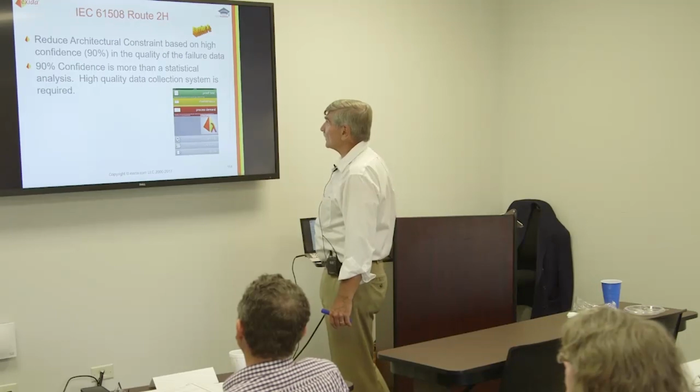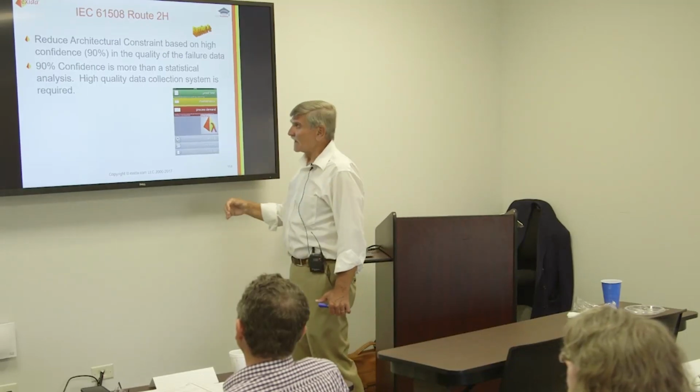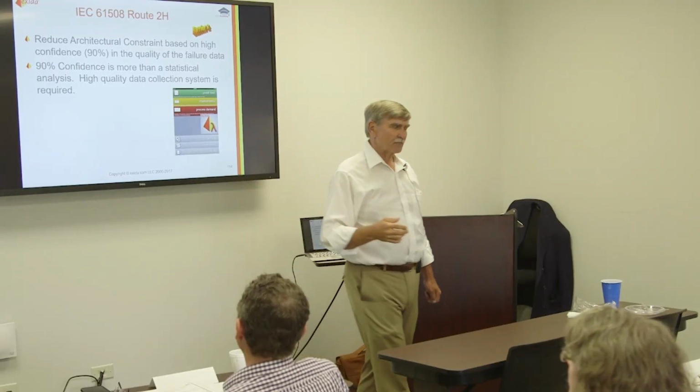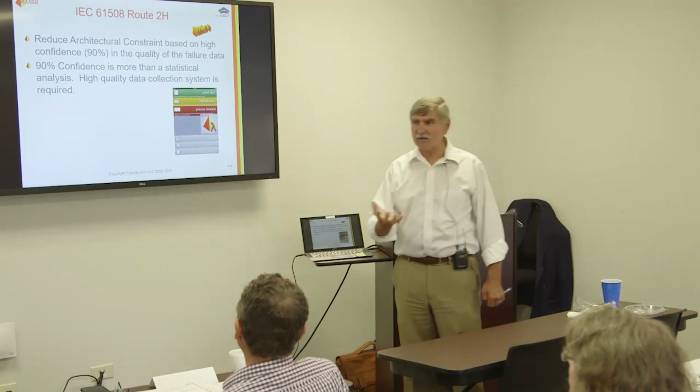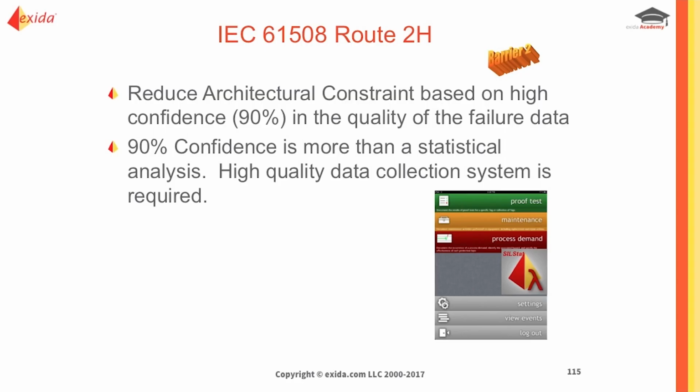And for Route 2H, how do you get data that you have confidence in? It doesn't specifically state this, but many of us believe that 90% confidence is more than a statistical analysis. It's more than an uncertainty factor. A high-quality data collection system is required also.